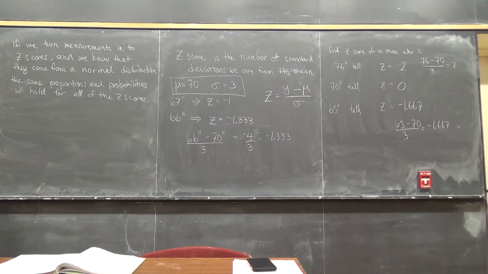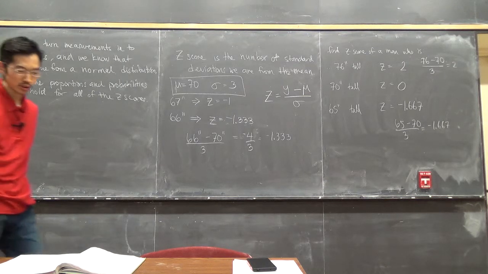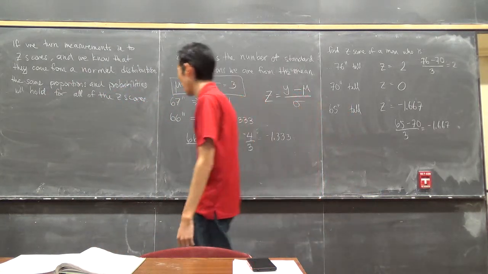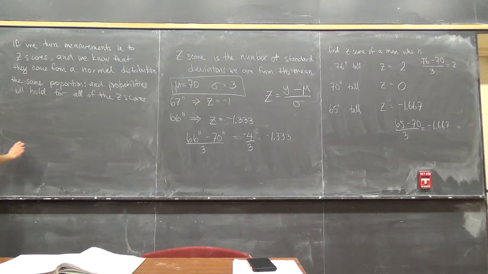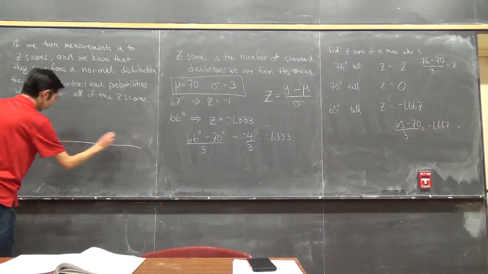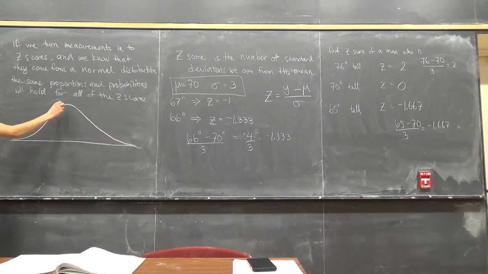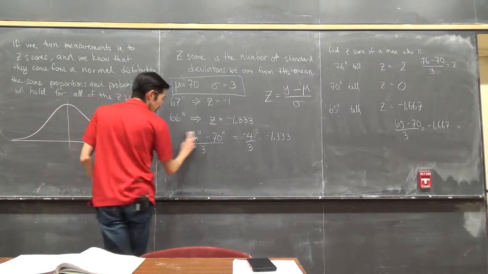And so when we turn them into z-scores, we have what we call the standard normal table. And what the standard normal table tells us is the area shaded to the left of any one particular z-score.